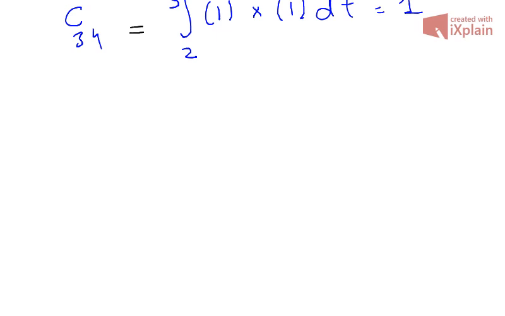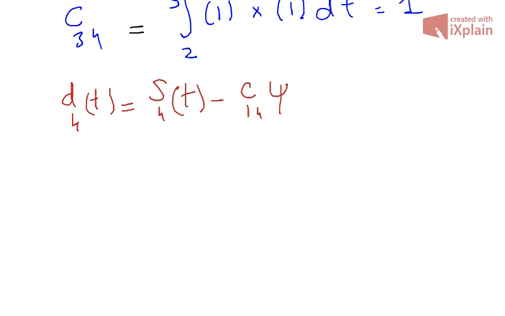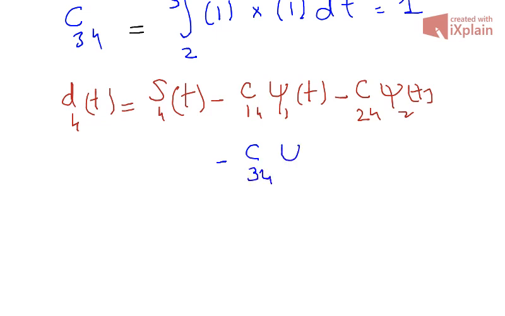Now we already have all the images. We have to find out D4, and D4 is the subtraction of all the images: S4 of t minus C14 psi 1 of t minus C24 psi 2 of t minus C34 psi 3 of t.